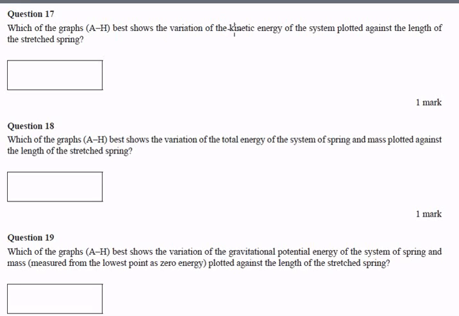So which of the graphs shows the variation of kinetic energy of the system plotted against the length of the stretched spring? So let's draw the spring over here in green. So as it's all the way down, and then bounces up to the top, and bounces all the way down again. As it's at the bottom, it bounces up and down and up and down.